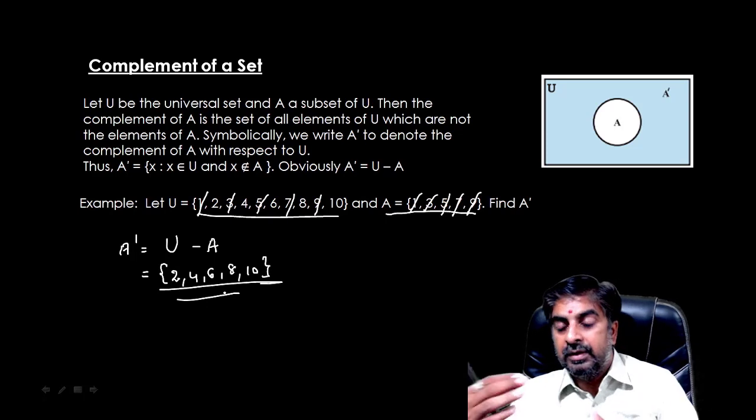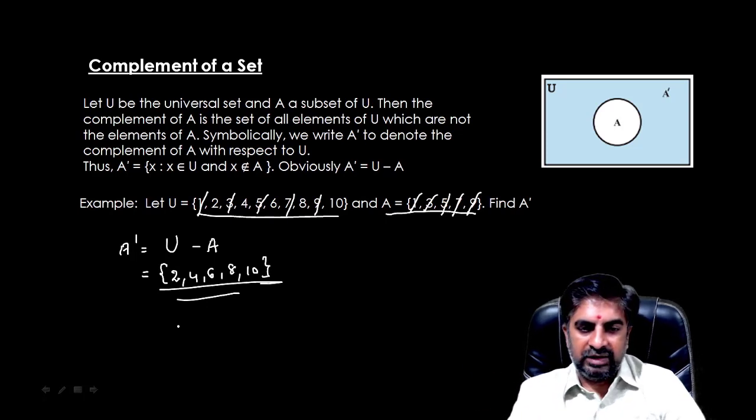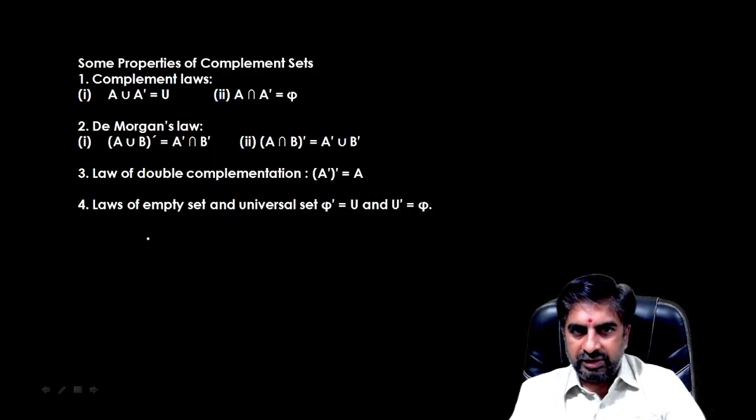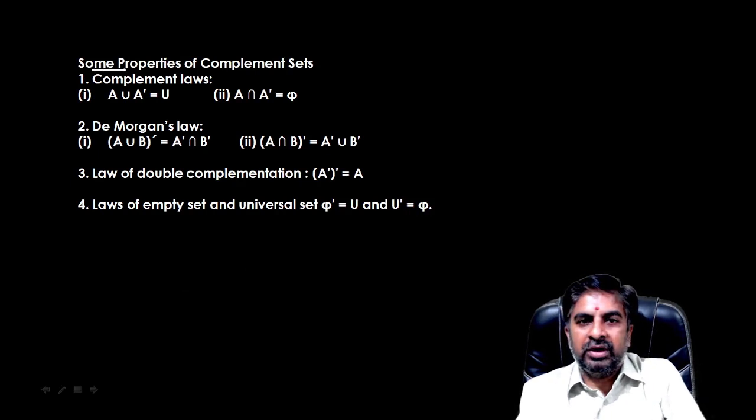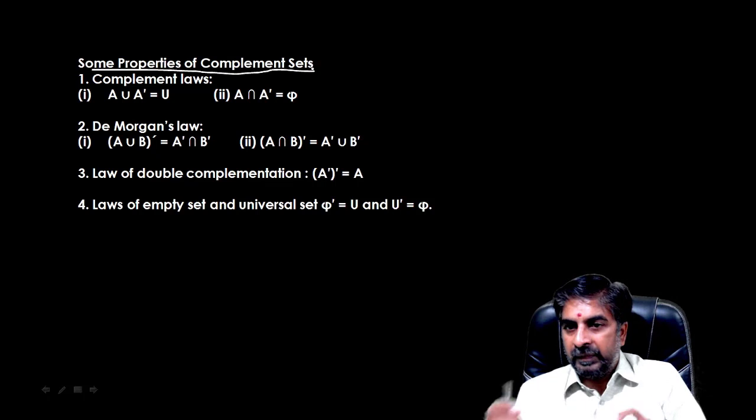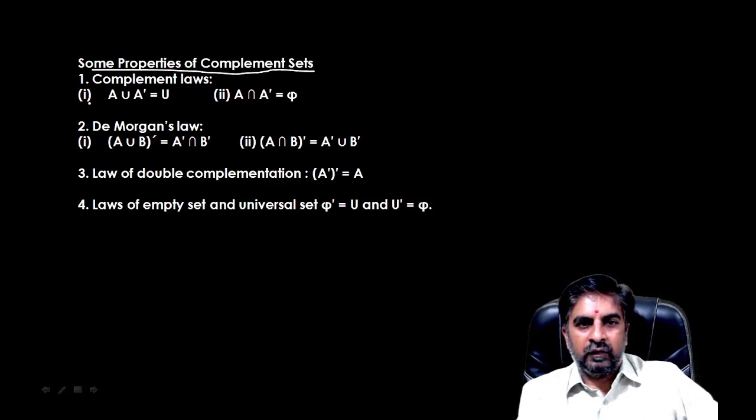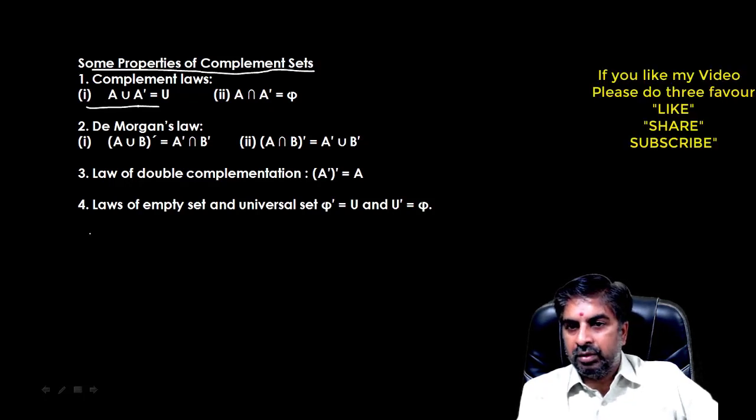But here some rules are there that you need to follow, and special names. You can see some properties of complement sets that you need to understand. The first rule: A union A dash equals the universal set. As I said, if your universal set is 1, 2, 3, 4, 5, your A is 1, 2, then A dash will be 3, 4, 5.